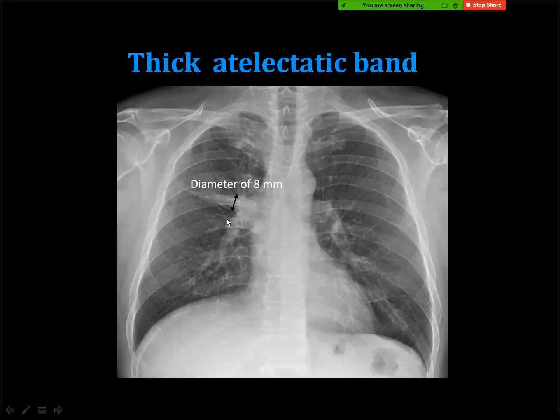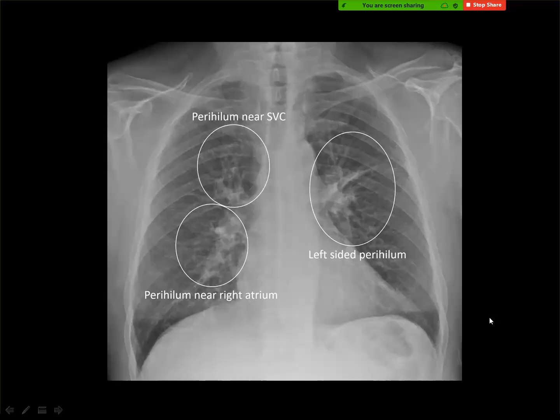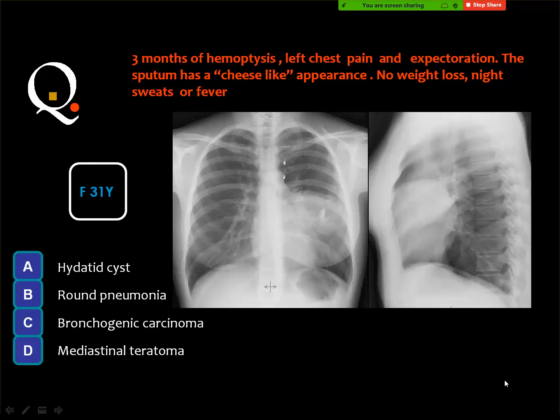The atelectatic band is usually 1 or 2 millimeters, but sometimes it is very thick, as you can see here. Then we call it a thick atelectatic band, and a thin atelectatic band is 2 or 3 millimeters maximum.